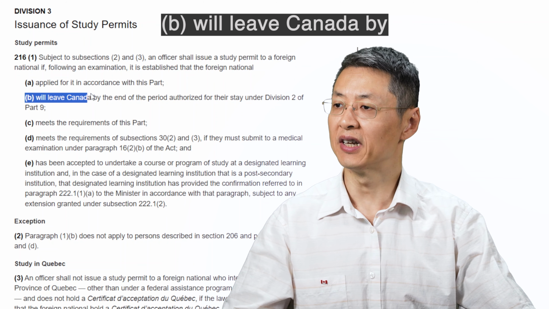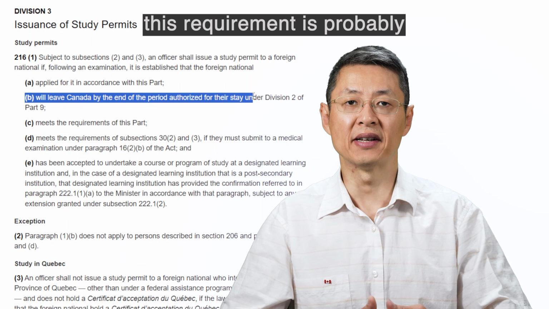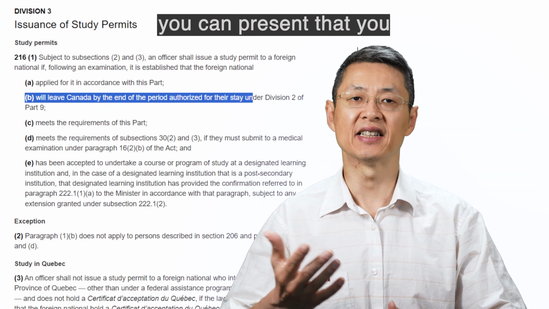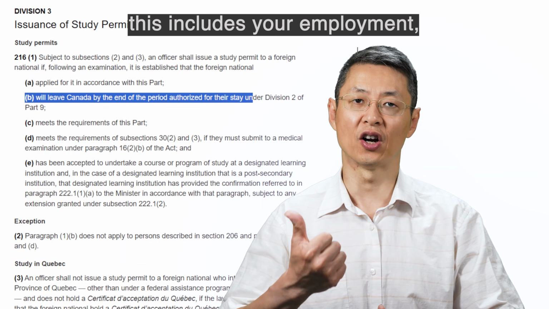B. Will leave Canada by the end of the authorized stay. This requirement is probably the most complicated one. To satisfy this requirement, you can use a twofold approach. On one hand, you can present that you have sufficient ties outside of Canada. This includes your employment, assets, your family ties, your financial obligations such as mortgage payment or house rental payment, and even your pets.